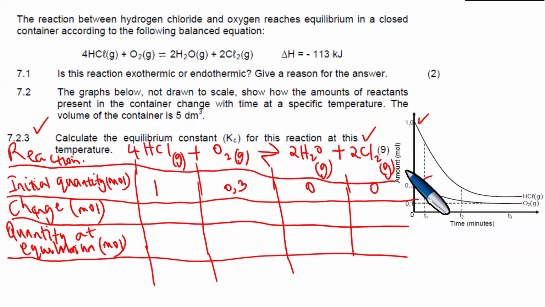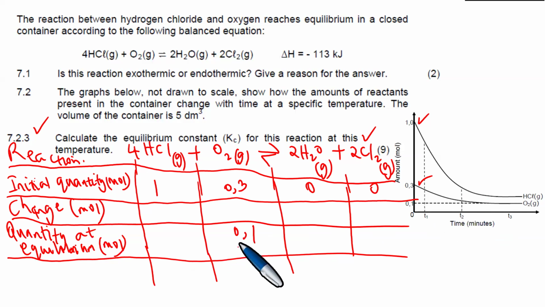These are the moles right now. The 0.1 is for oxygen. So oxygen's quantity at equilibrium is exactly 0.1. For HCl, the hydrogen chloride gas is not given, but for oxygen it is.